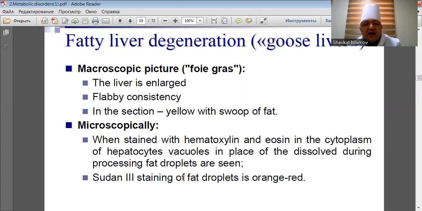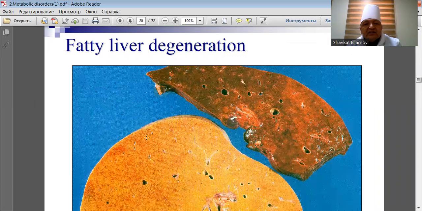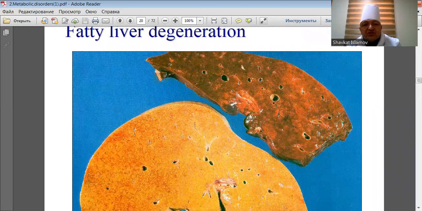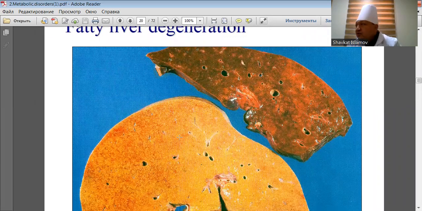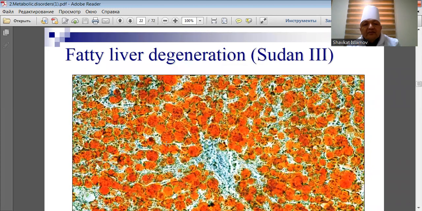With Sudan 3 staining, fat droplets are orange-red. In the pictures: fatty liver degeneration, macroscopic change, microscopic change, and Sudan 3 staining.